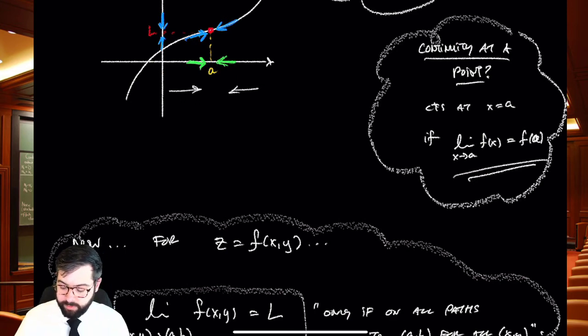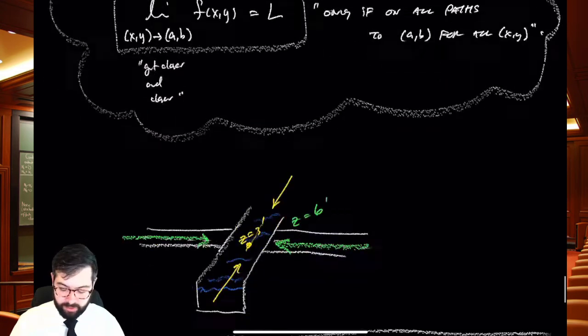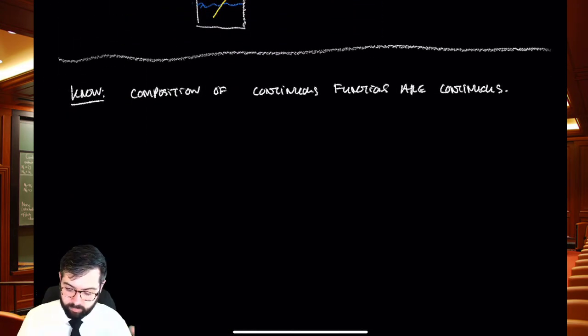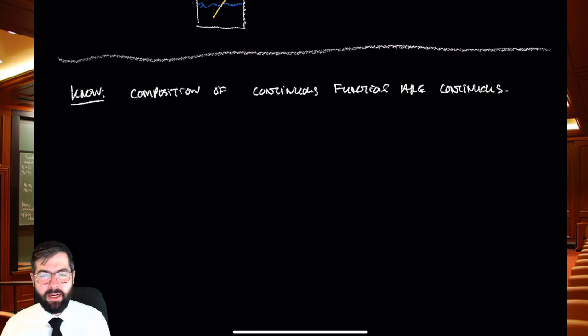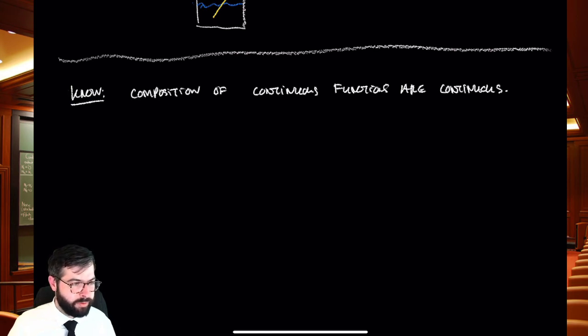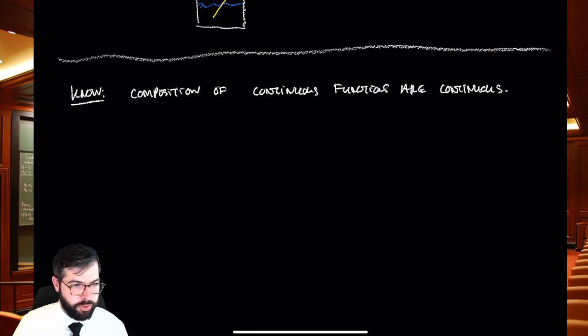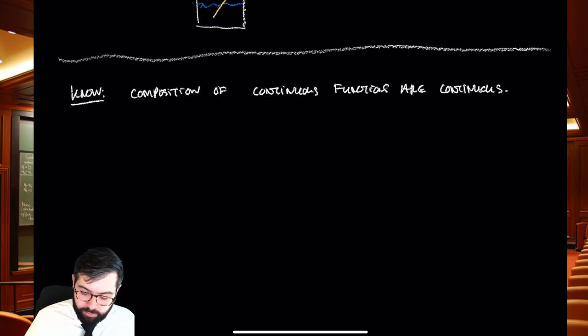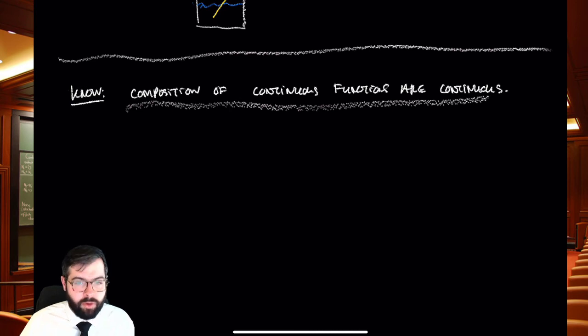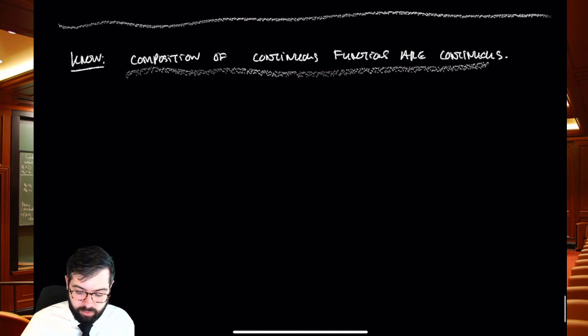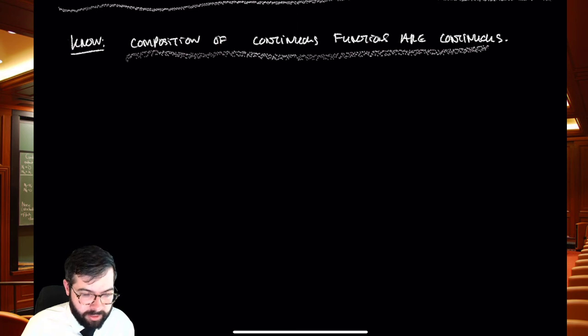It's continuous if the limit exists and it's defined there. So mechanically, when evaluating a limit, if we know a function's continuous, then the limit is just what the function's value is at that point. We don't have to get too crazy. Obviously, the more interesting problems are ones where maybe the function's undefined or there's some sort of issue with the approach. But in general, if you have a composition of continuous functions or you have a continuous function, you know that the limit will exist and it's just equal to that value.